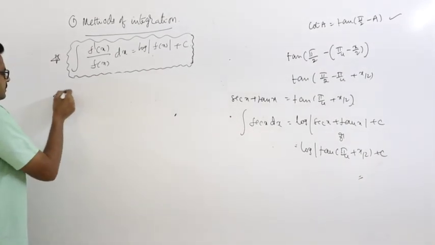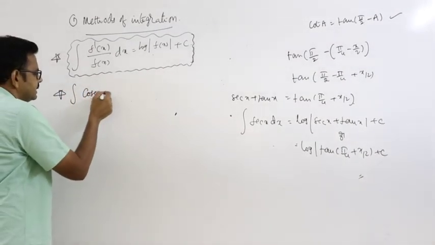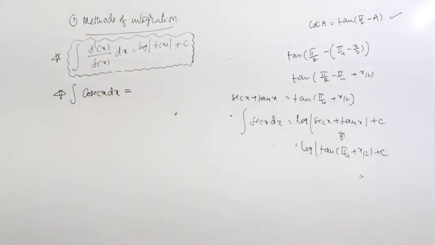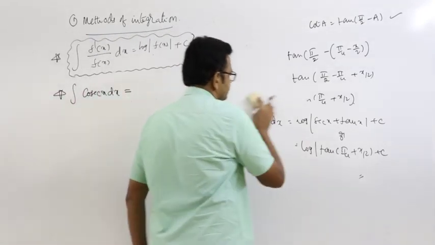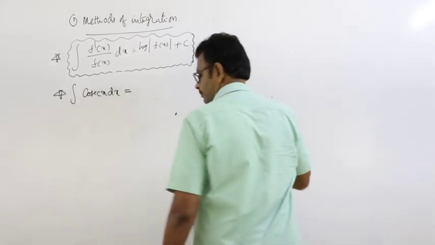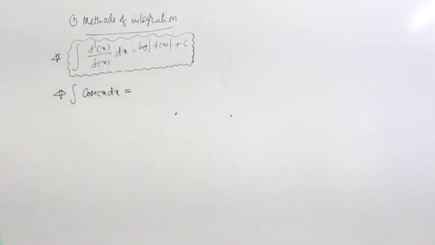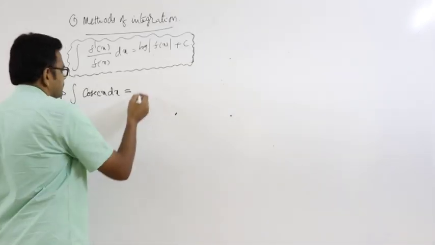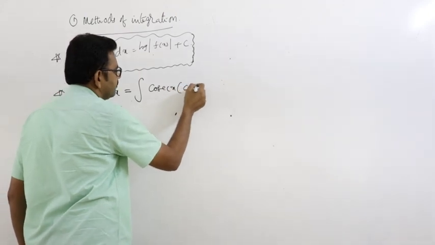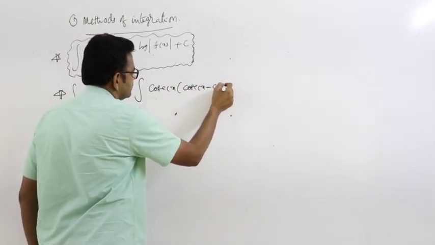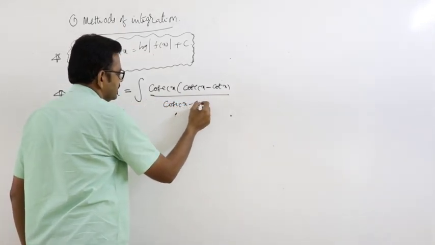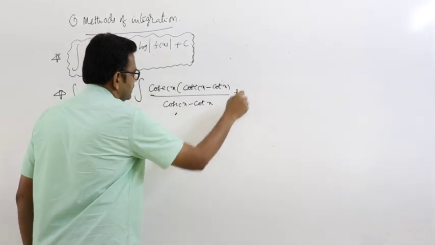Next formula, integral of cosecant x dx is equal to integral of cosecant x, multiplying and dividing by cosecant x minus cot x, by cosecant x minus cot x dx.